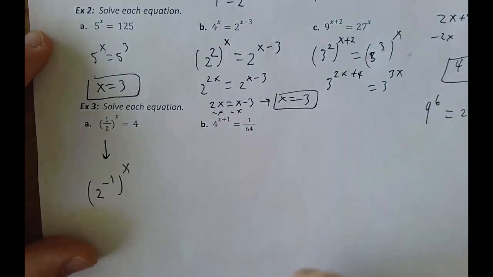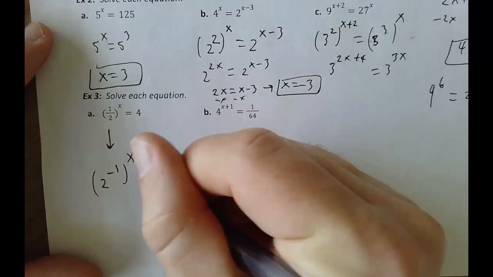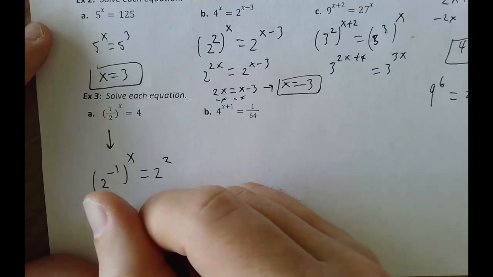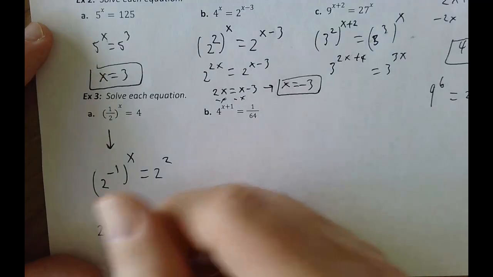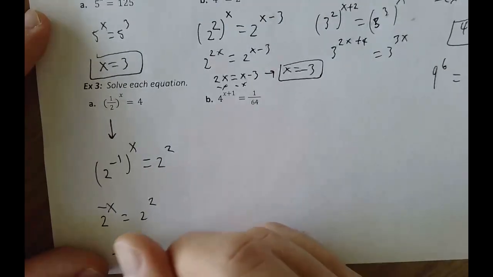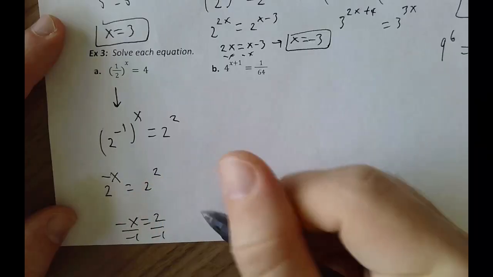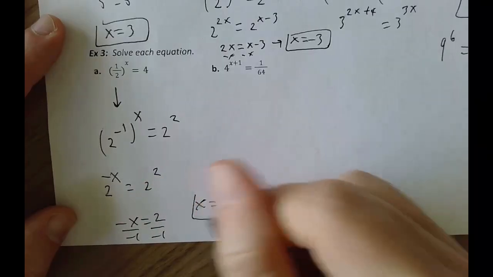So when you see those fractions, you should think negative exponents. And 4 can be 2 squared. So really what I have here is 2 to the negative x equals 2 squared. Therefore, negative x equals 2. Therefore, when I divide both sides by negative 1, x equals negative 2.